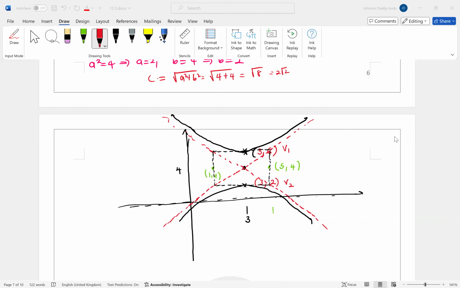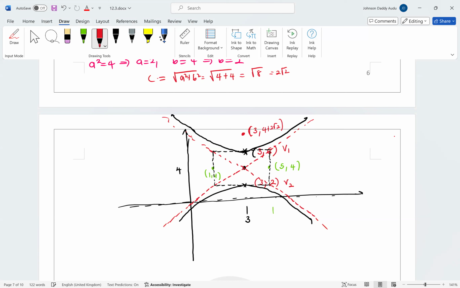So our focus will be somewhere here, also on this line. This is our F1, and maybe somewhere here. You can see our X is fixed, so this is going to remain as 3. Then what will be the Y value? Remember, the Y value here is 4, so you just need to add the C. So it's going to be 4 plus 2 root 2 here.